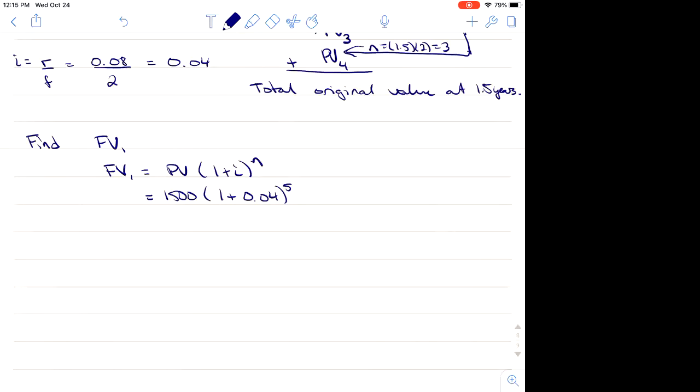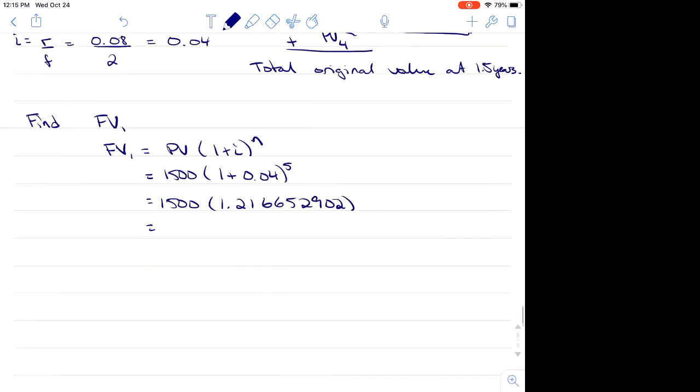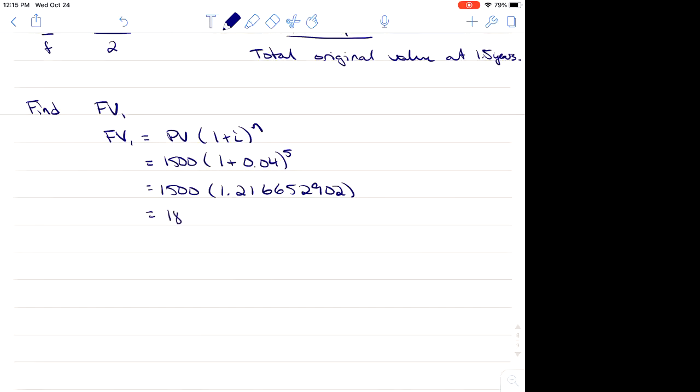So we have 1.04 to the power of 5. I'll just jot it down. 1.216652902 times 1,500. We have 1824.98, rounding to 2 decimal places.